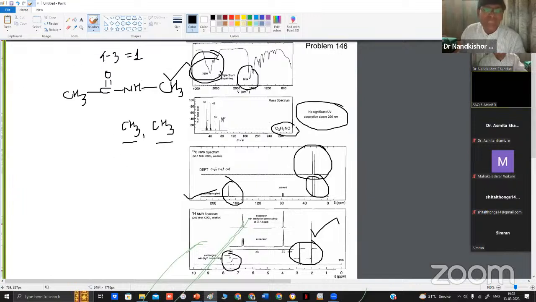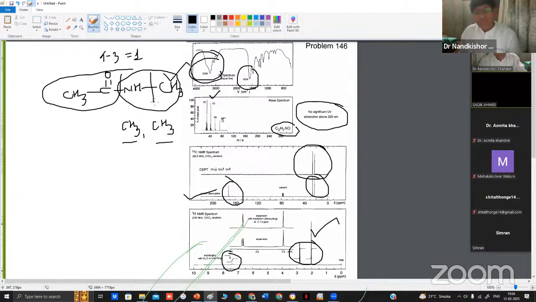And from the C13, you can easily work out there is a presence of this group, that is 43. There is a presence of 30 unit. Now the 30 unit belongs to this N-methyl, and 58 belongs to, if I remove this group, so this will be 38. So 58. That way you can easily confirm this structure.